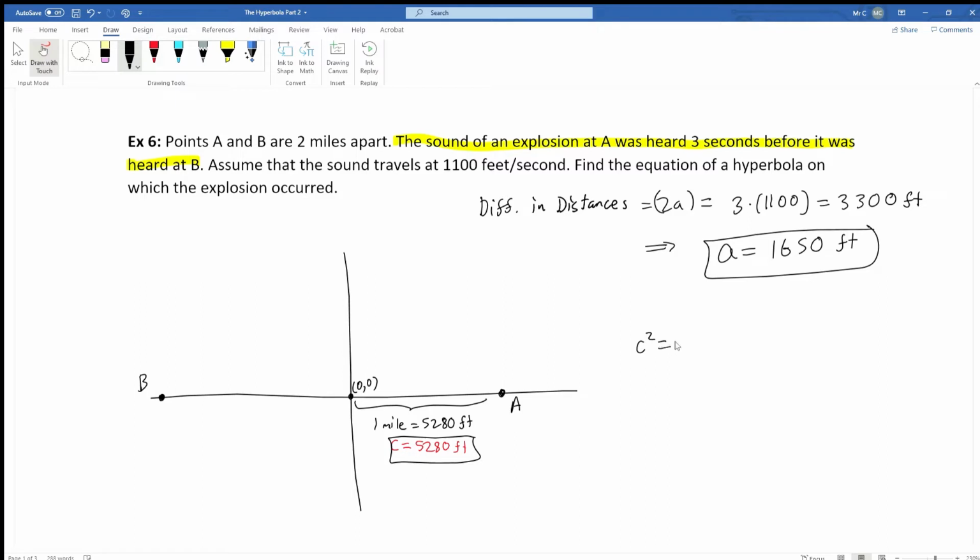So C squared equals A squared plus B squared. So 5,280 squared equals 1,650 squared plus B squared. In other words, 5,280 squared minus 1,650 squared equals B squared.